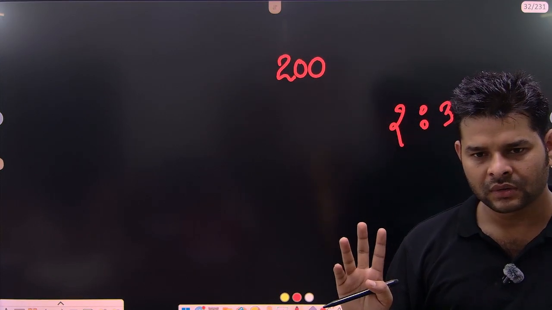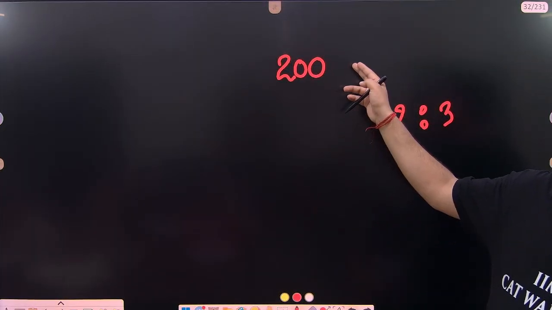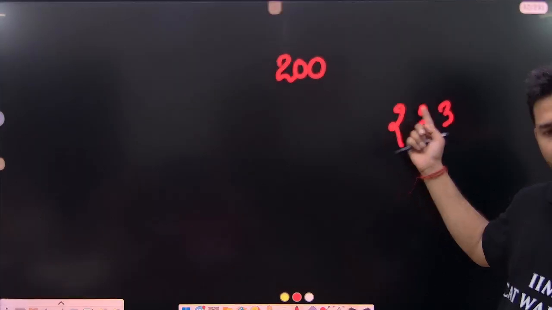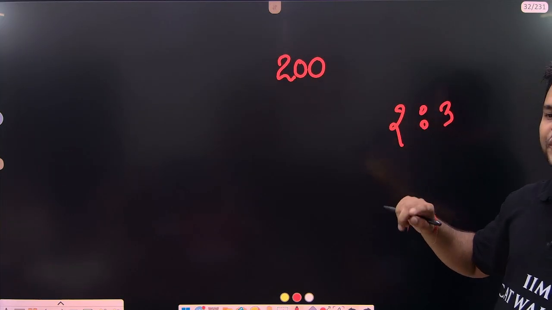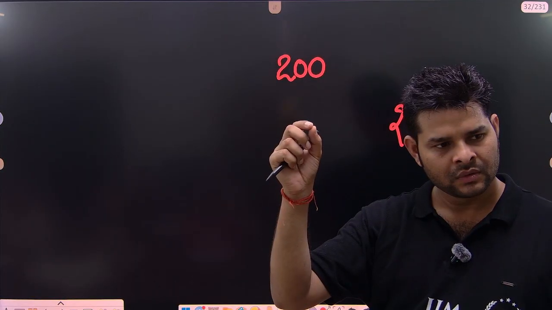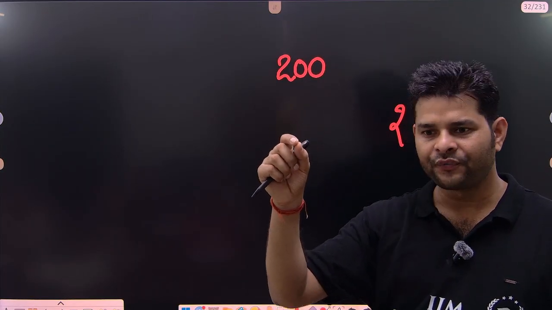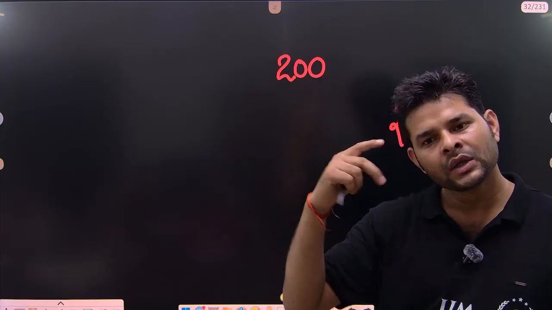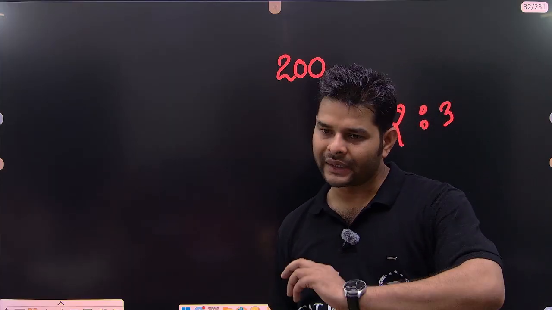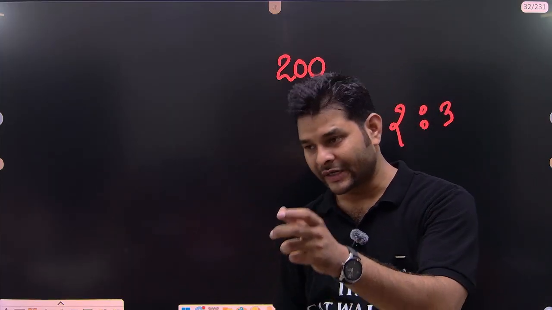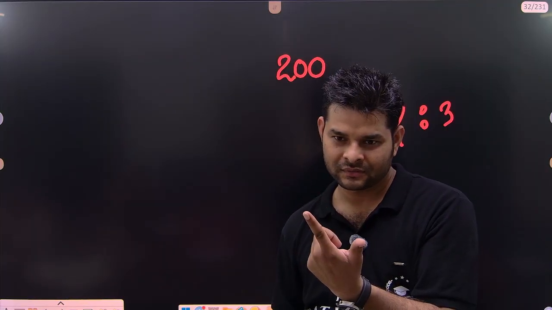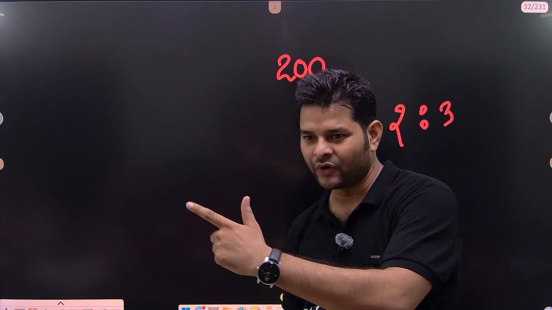So for someone I want to give 2 units, and for the other one 3 units. It is mandatory that I understand the value of 1 unit. Only then can I give you 3 units or 2 units.